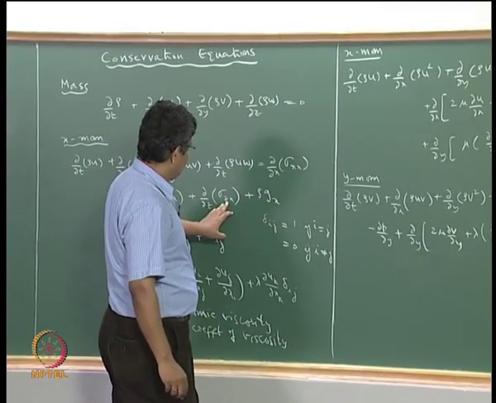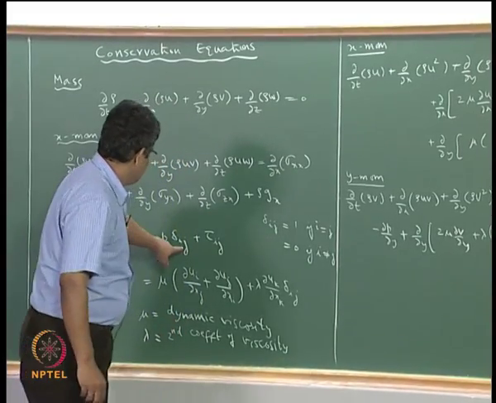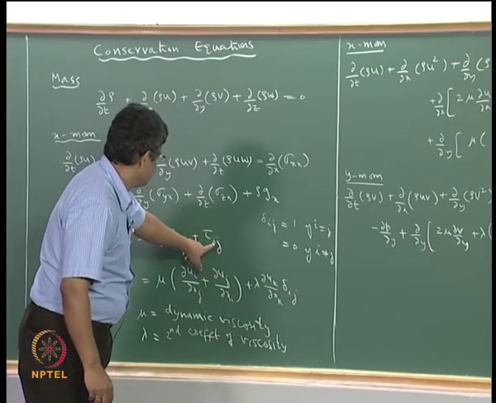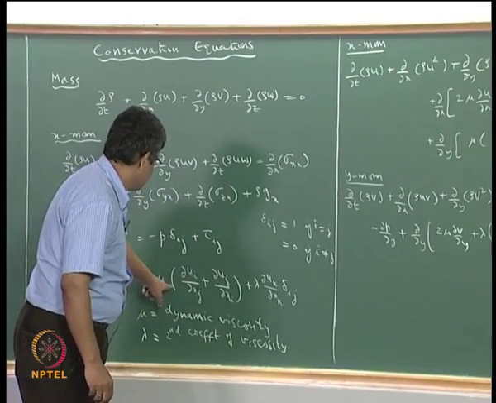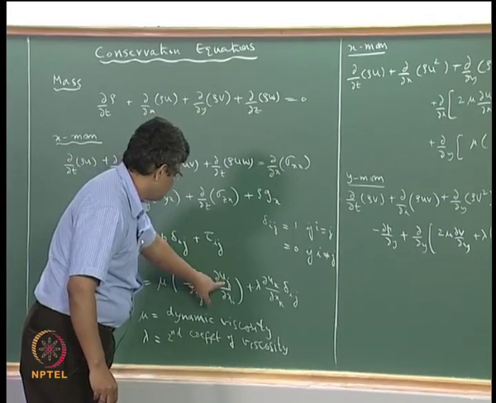So sigma zy means that i equal to 3 and j equal to 2, so this becomes 0 and this becomes 0, and tau zy becomes mu times dou w by dou y plus dou v by dou z.